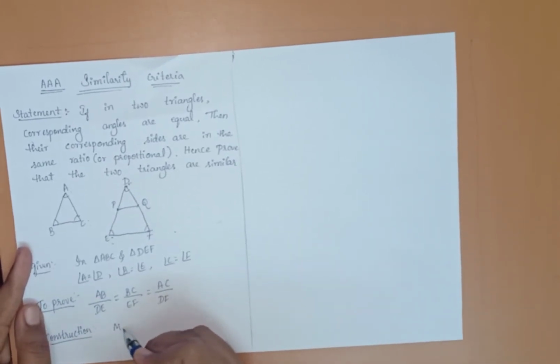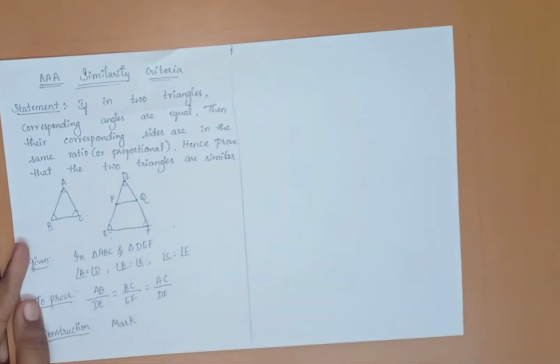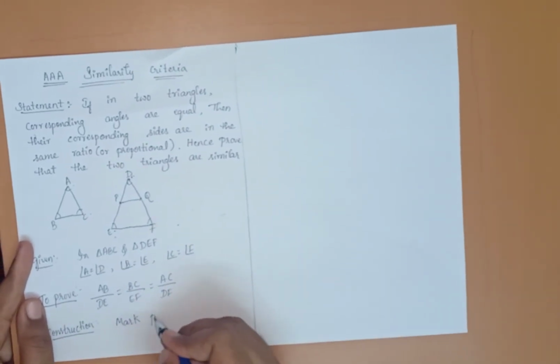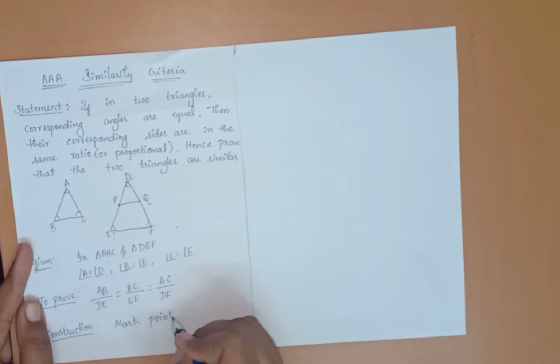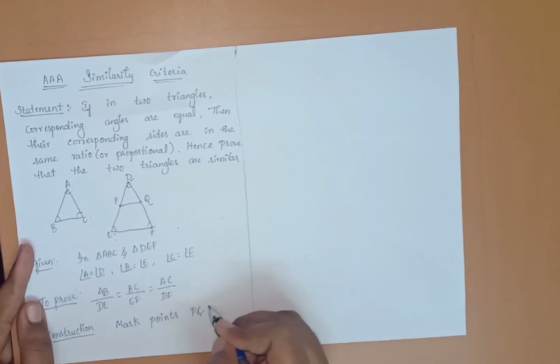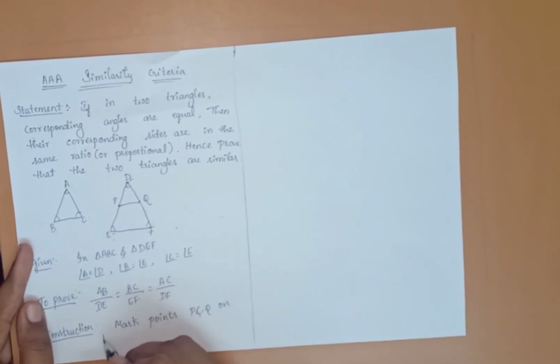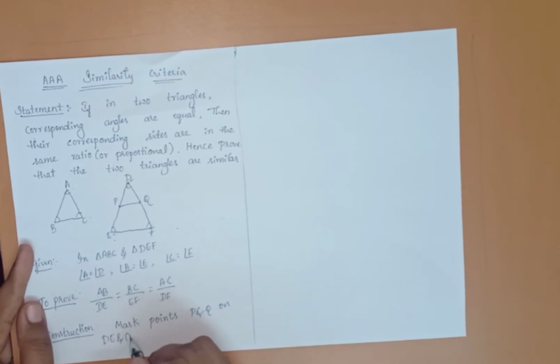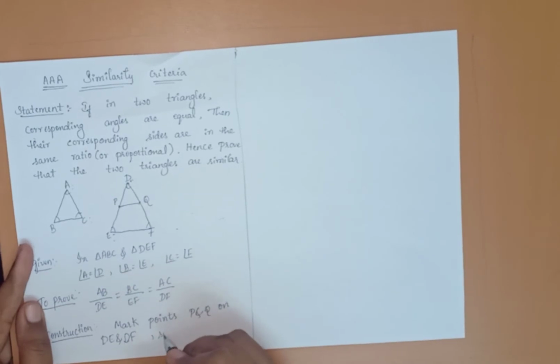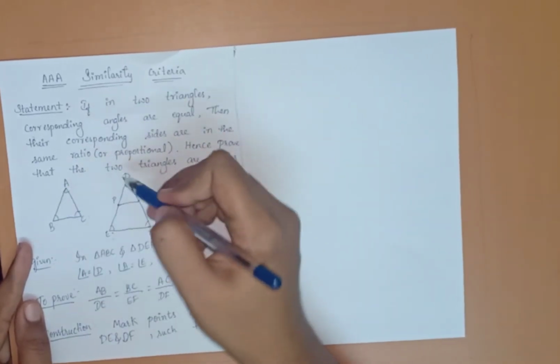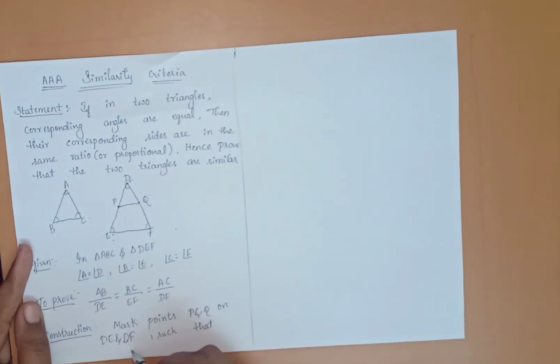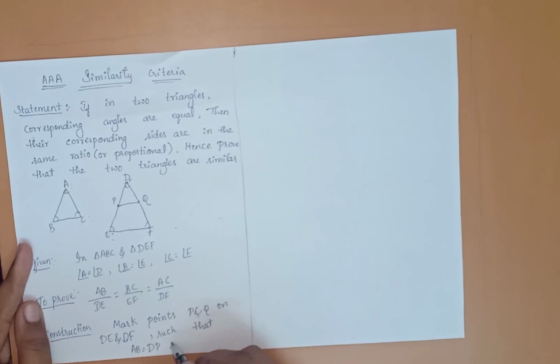Mark points P and Q on DE and DF such that AB is equal to DP and AC is equal to DQ.